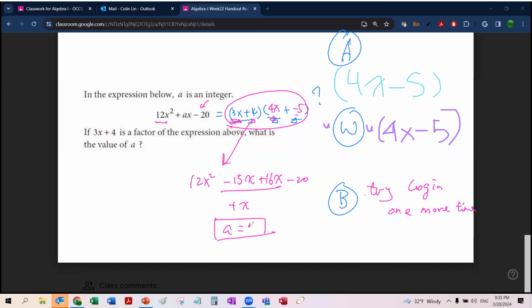The coefficient here is what? 1. So a equals 1, right?